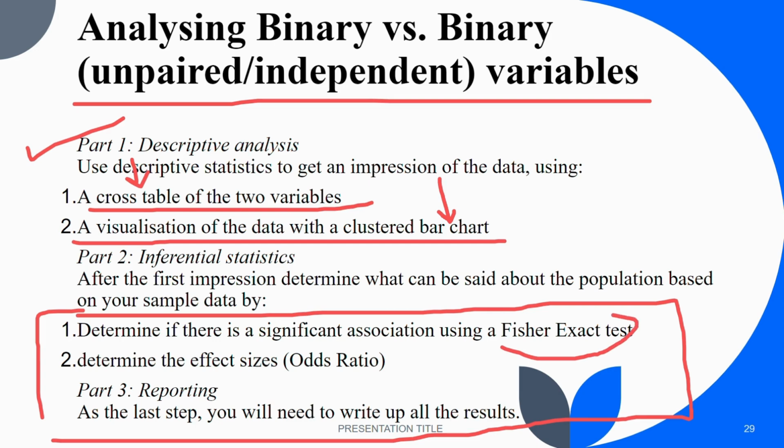This hypothesis test will be the Fisher exact test, followed by the effect size known as odds ratio. Finally, these four parts will be put together in the final report.